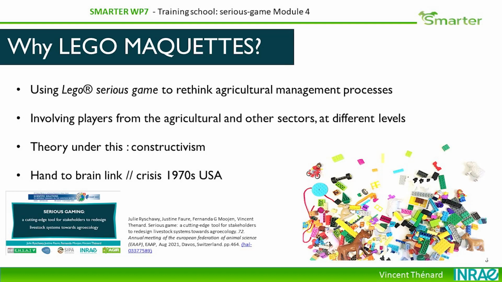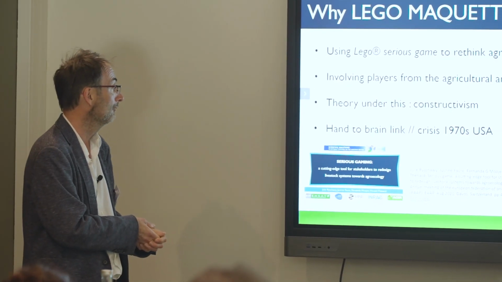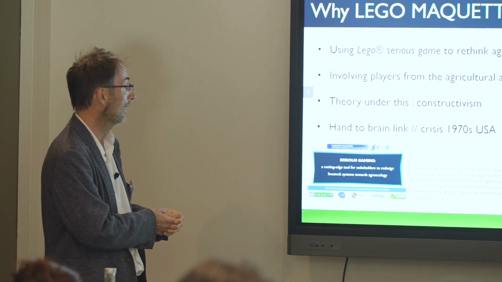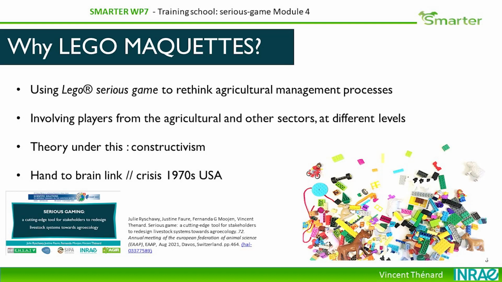And we have a paper in EAP in 2021 with my colleague Julie Richavy, and we experimented with different serious games. And Lego was used for designing a new organization in a territory between farmers and crop producers to exchange forages, manure, etc.